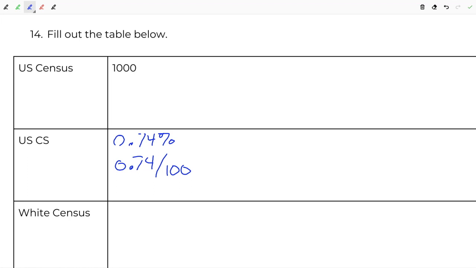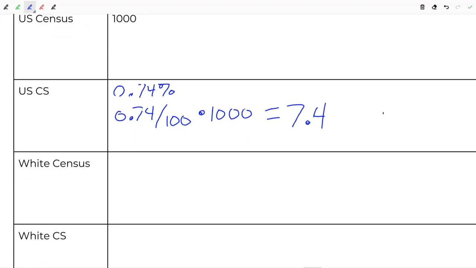And we are multiplying this by the 1,000 people in the room. So for the 1,000 people in the room, 0.74 out of every 100 of them are in the correctional system. So we get 7.4 people in the room would have been in the correctional system.